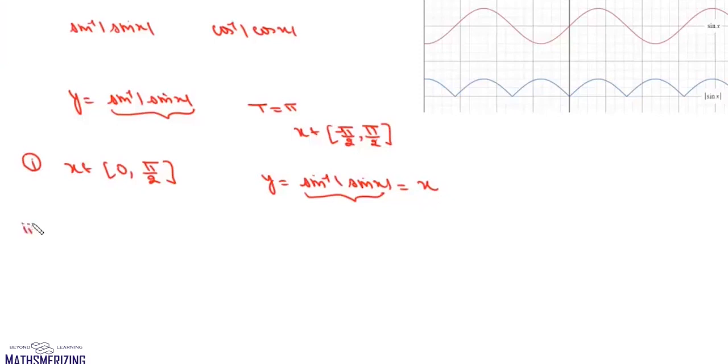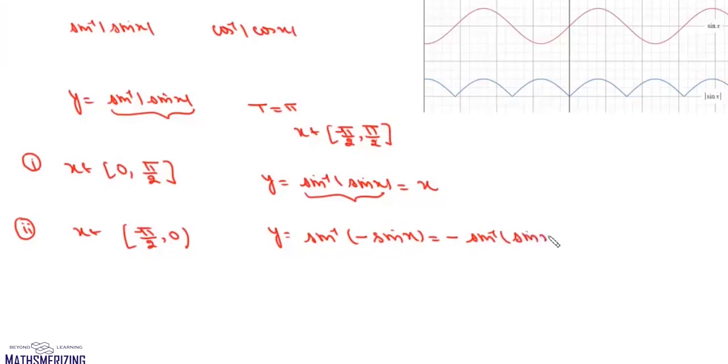Now in the second interval, when x lies between minus pi by 2 to 0, in this interval sin x is negative. So therefore we need to write mod sin x as minus sin x. So we'll write sine inverse of minus sin x, and sine inverse of minus x is minus sine inverse of x.